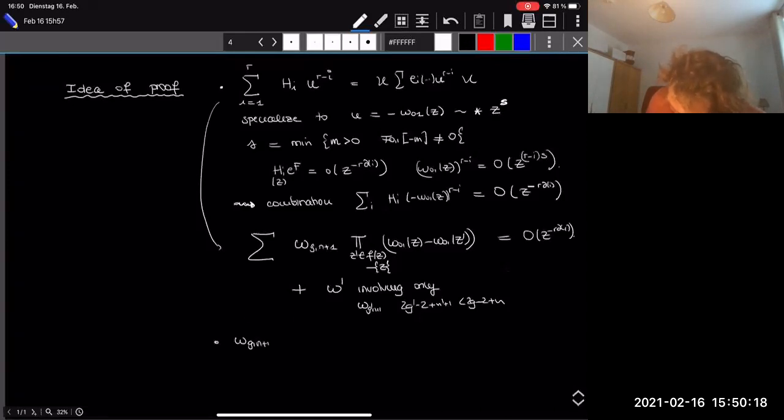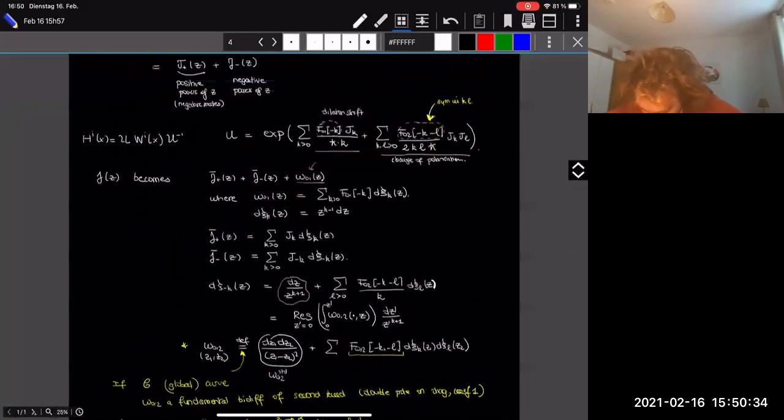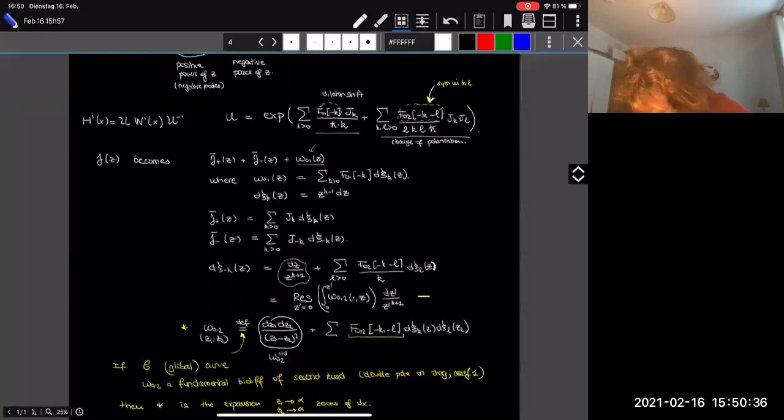And the final step is to say, okay, now I write, there's one thing I know about these omega j and the way I define them. It's expressed on the basis of dxi minus k. And the dxi minus k, we knew that it was obtained by integrating omega 0, 2. So this formula here.